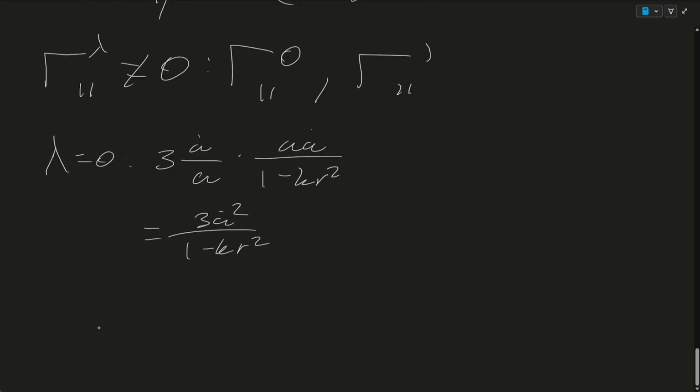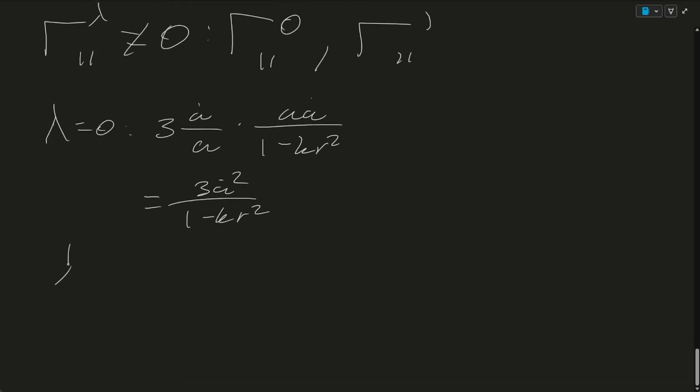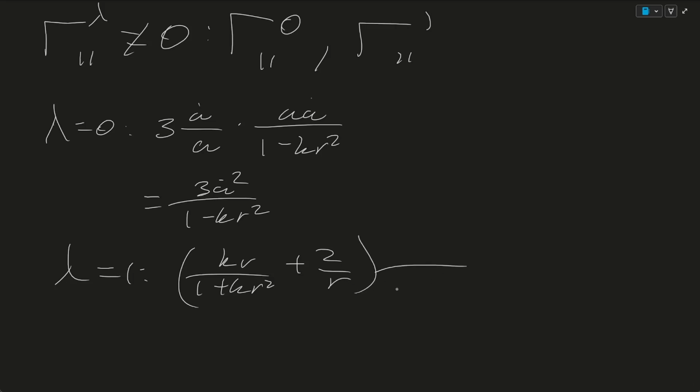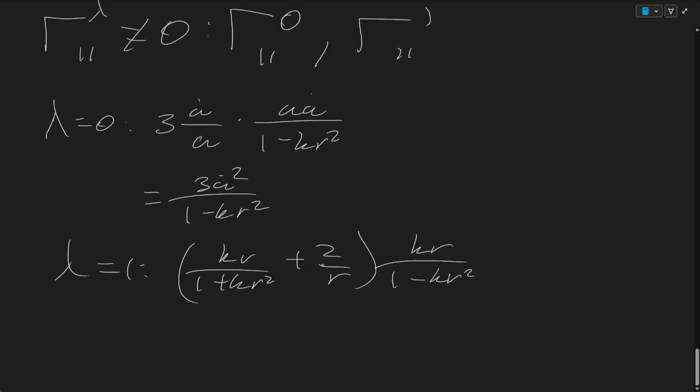And then for lambda equals 1, we're going to have a contribution of kr over 1 minus kr squared times kr plus 2 over r. I think I'm safe to leave it like that.